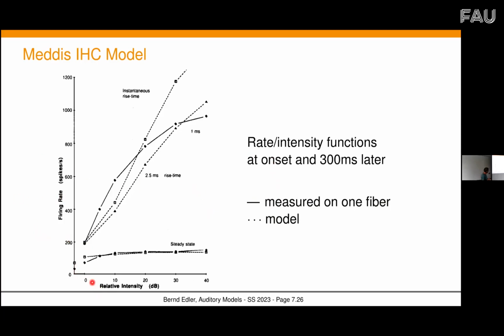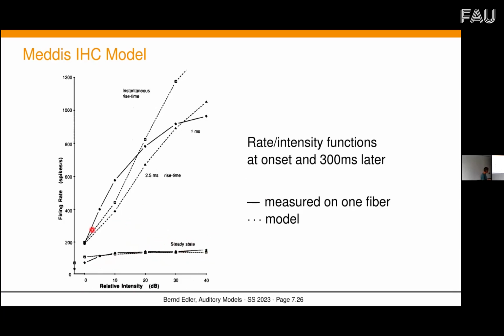And here they use relative intensity, in dB, so you have a certain range of sound pressure levels, and you can measure the firing rate immediately after the onset of a tone burst, or after the tone was already switched on for a while. So this would be the steady state, measured quite a bit after the tone was switched on.